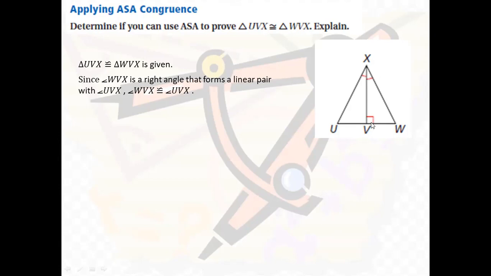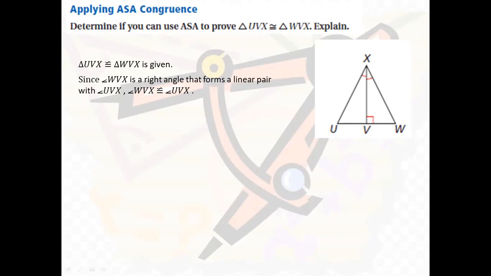So I can say since WVX is a right angle and it forms a linear pair, angle UVX is 90 degrees as well, right? This is the way I wrote it. You can write it in your own words. It doesn't matter, it's not necessary that you use the same words. There are many ways. The main idea is that you need to interpret that in words.